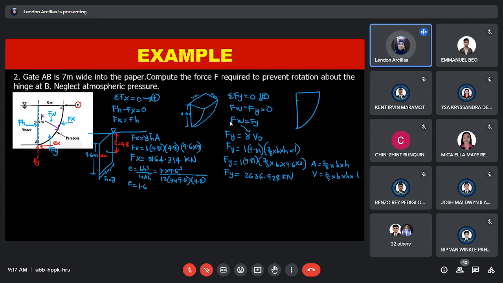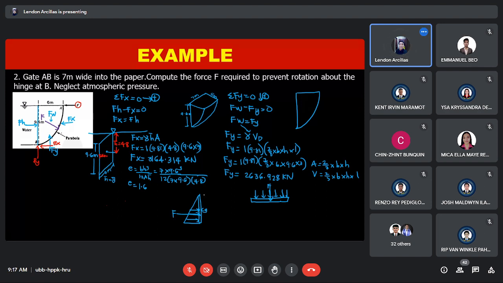Kung naalala nyo yung sinabi ko last time sa pressure, if ang ating object is naka horizontal na submersion, the F will act at the centroid. Pag naka vertical, the value of F will act at the center of pressure or below the center of gravity.